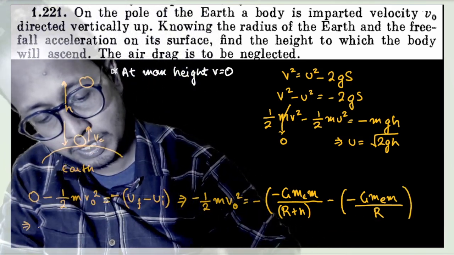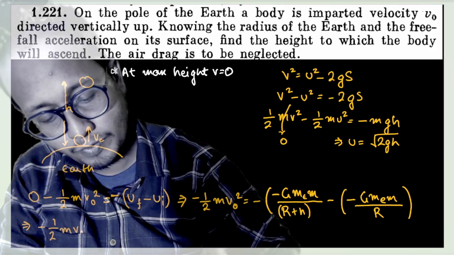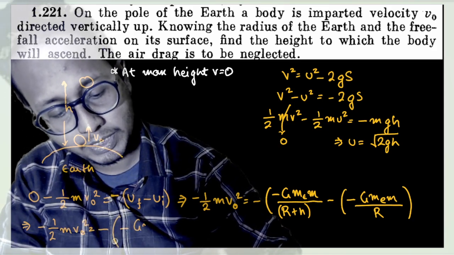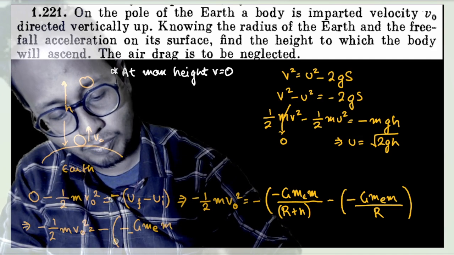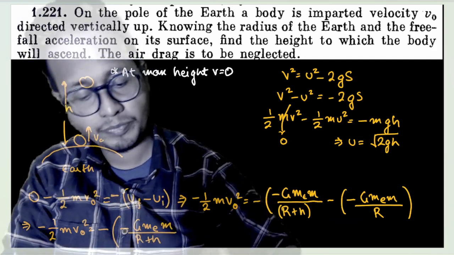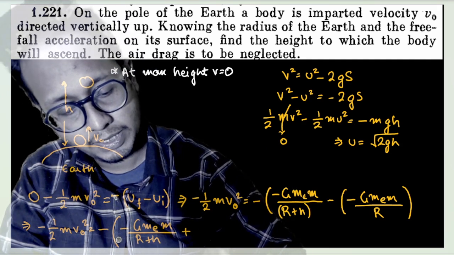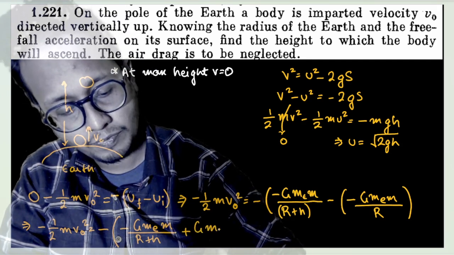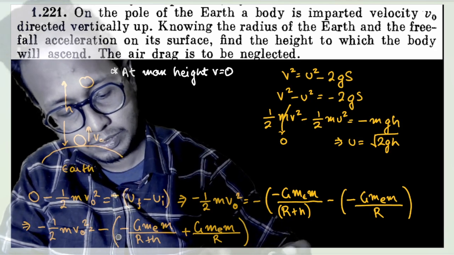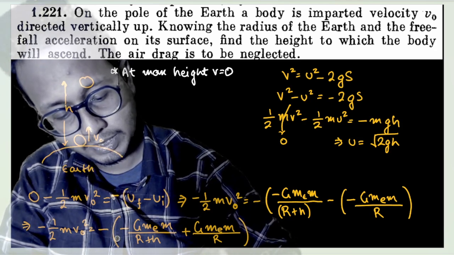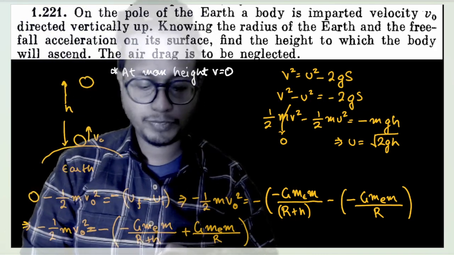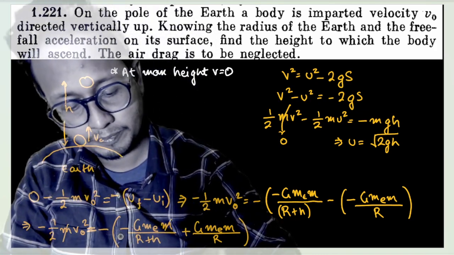Now when I solve this equation, minus half m v naught square is equal to minus of minus G mass of earth into mass of particle divided by r plus h, and minus and minus becomes plus, plus G mass of earth into mass of body divided by r. I can cancel out the mass out here.